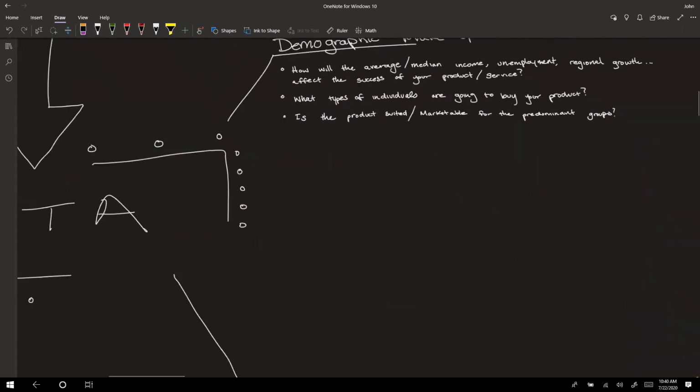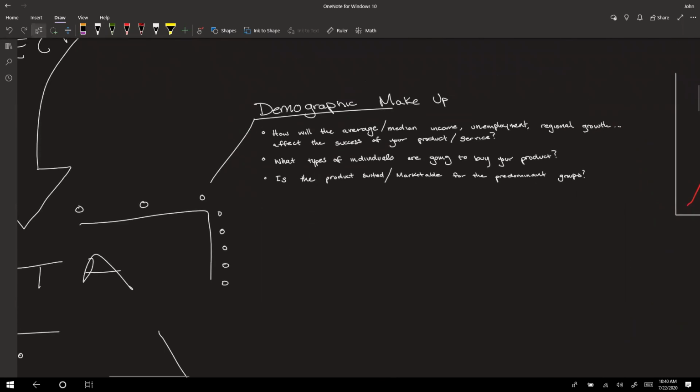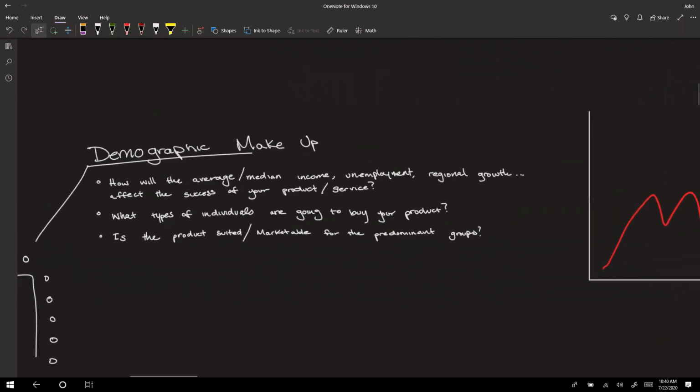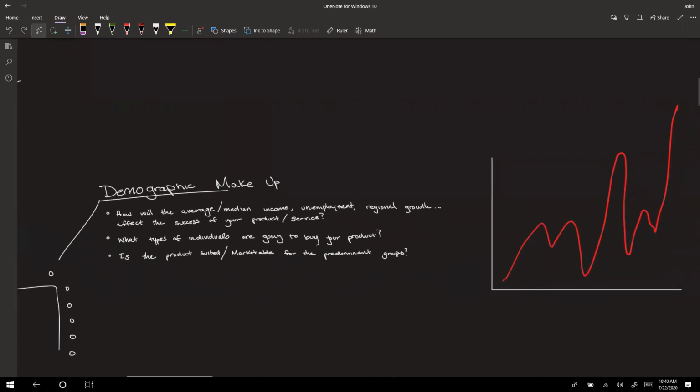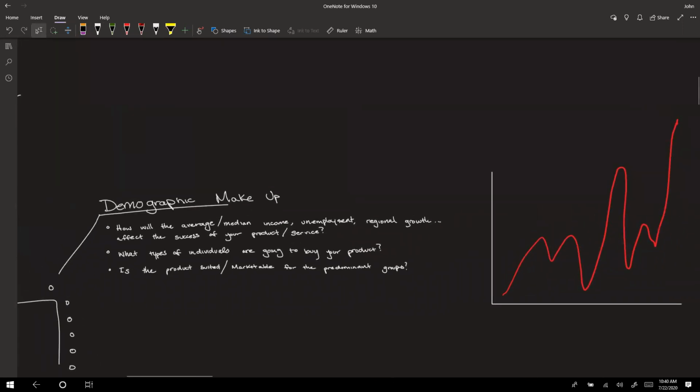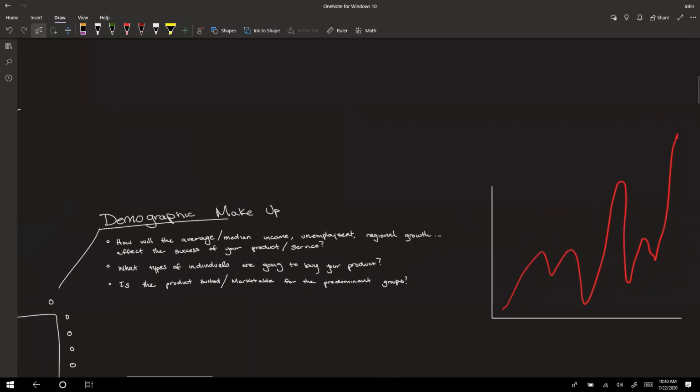All right, and lastly in data is the demographic makeup of the market that you're looking into. How will the median and the average income, employment, regional growth, etc., affect the success of your product or service, right?